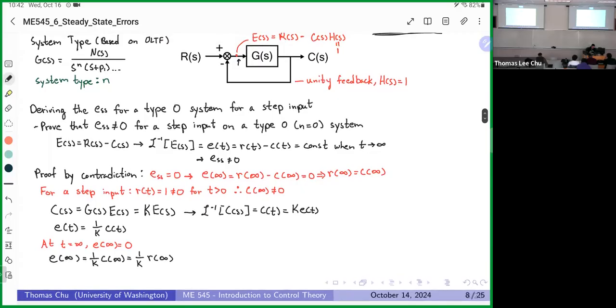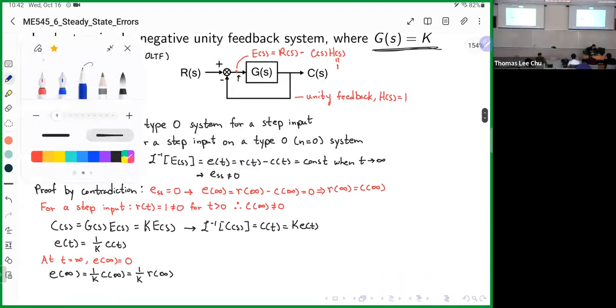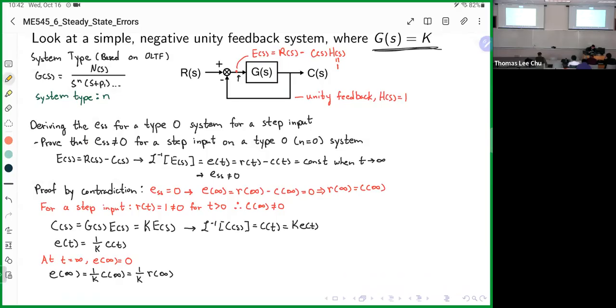But this is the contradicting statement, and I'll point out where the statements contradict. I'll use a different color here. The first statement that's contradicting is here, where we say that, well, that's not the contradicting statement. This is true. For error to be 0, r has to be equal to c. And the fact that r is non-zero means c is non-zero.